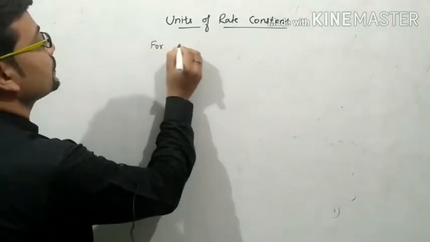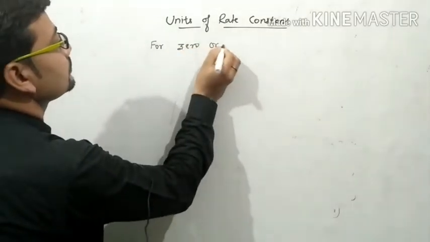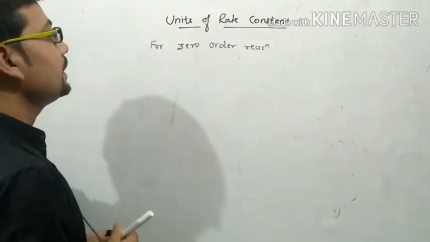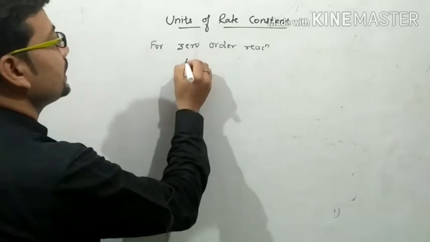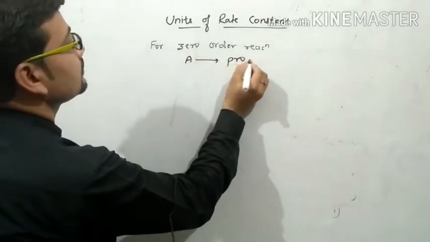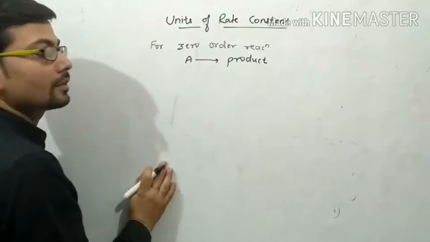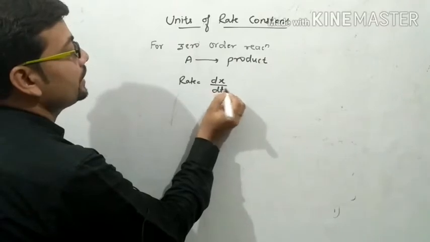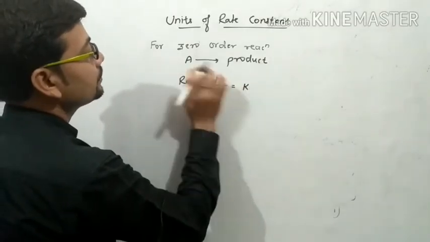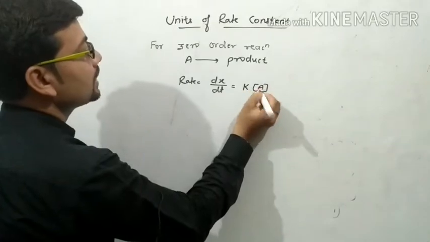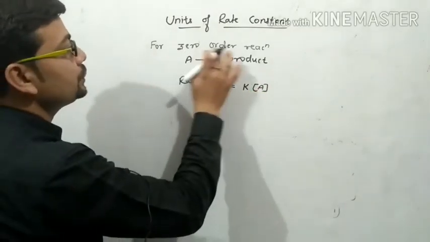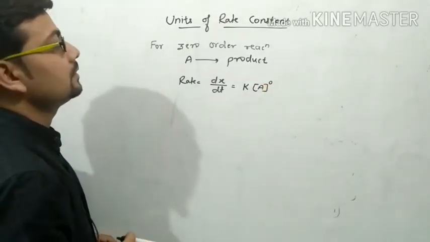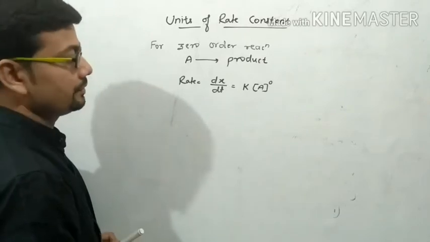For zero order reaction, let's suppose a general reaction A gives product, and the rate is equal to dx upon dt is equal to k into the molar concentration of A. But this is a zero order reaction, this means the power of the A concentration term is zero, right?